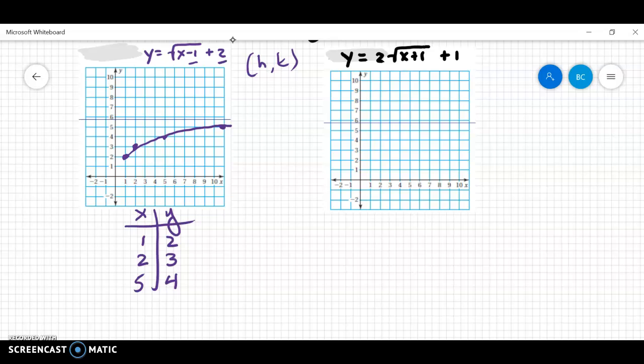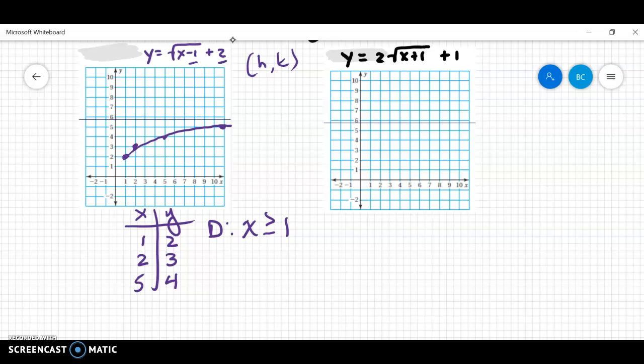So my beginning point is always going to be where this equals 0. So 1 minus 1 is 0. That's why I'm going to start at x equals 1. I can't substitute a 0 in there. I can't substitute a negative 1 in there. So notice that in this case, my domain is going to be all numbers where x is greater than or equal to 1.